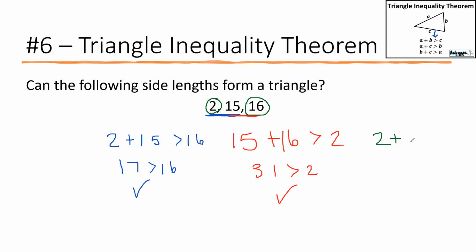So 2 and 16 need to be greater than that third side of 15. Again, this one's kind of obvious, but if we still add it, we can see 18 is greater than 15. So that means because we got a yes for every possible combination, these 3 sides would, in fact, form a triangle. All right, let's try one more like this.